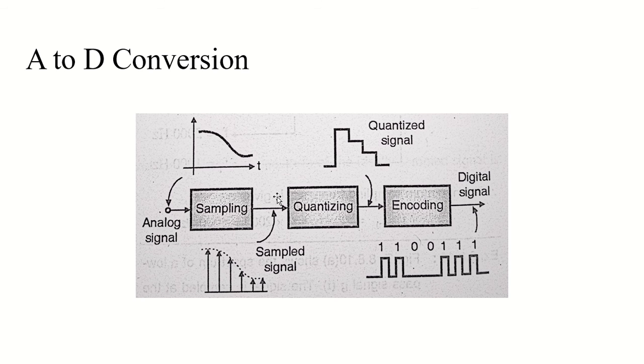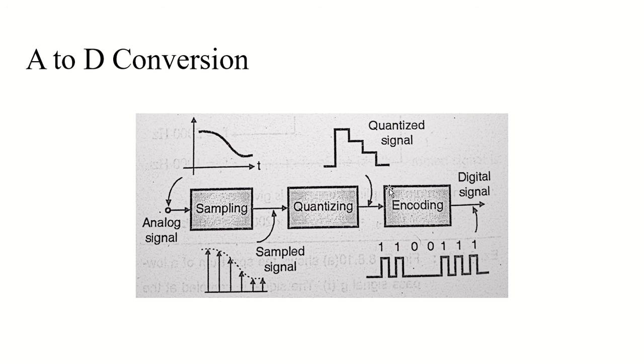At the end of quantization, your signal will look something like this, probably. We are going to discuss quantization in detail, so there is no need to worry about it. In the very next class, we are going to discuss quantization in detail.